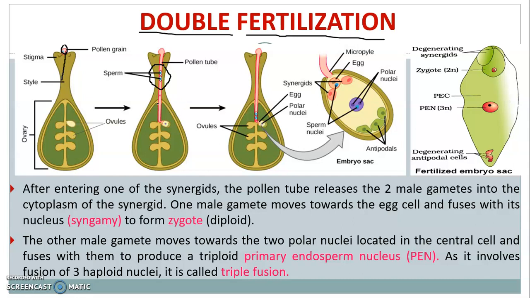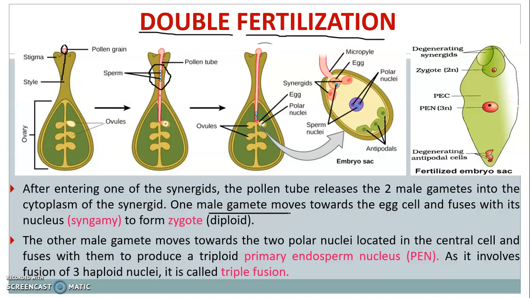Once the pollen tube enters the ovule, then one of the male gametes, as I told you there are two male gametes present in the pollen tube, out of the two, one of the male gametes now moves toward the egg cell.